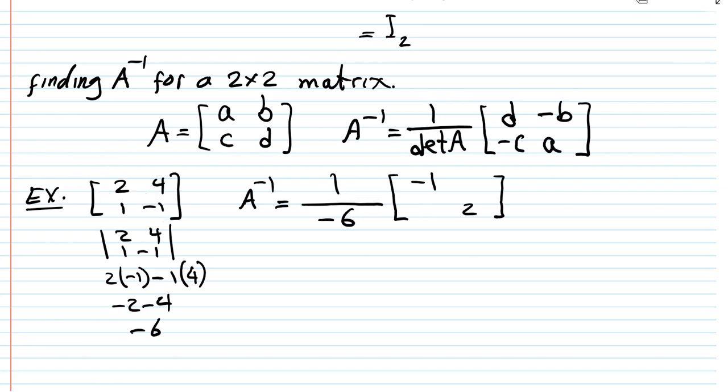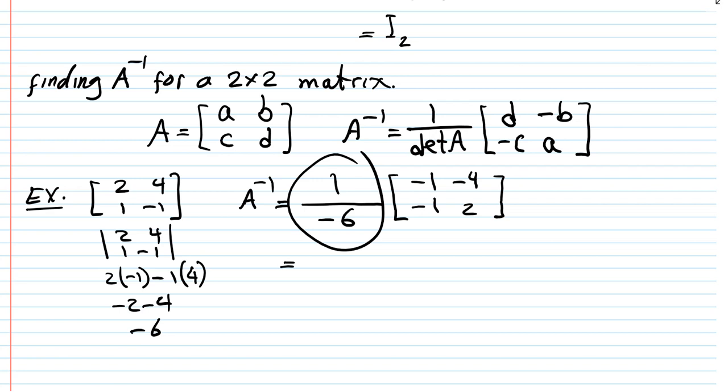And then change the sign on the off diagonals. We swap the diagonals, but we don't swap the other ones. These two we don't swap. We just change sign on them. And there you have it. Let's do 1 over determinant, because determinant of a matrix is going to be a real number, right?